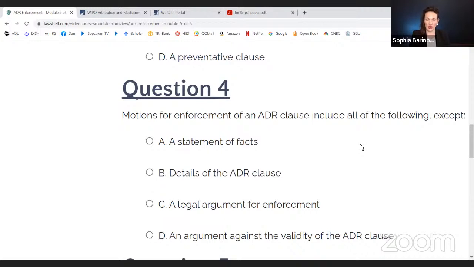So a statement of the facts, details of the ADR clause, a legal argument for enforcement, an argument against the validity of the ADR clause. Motions for enforcement of the ADR clause include all the following except, so you see that little except there at the end.